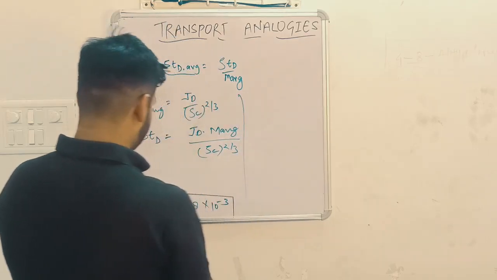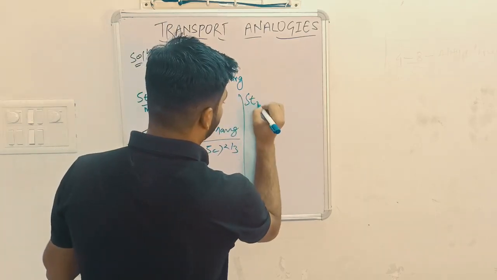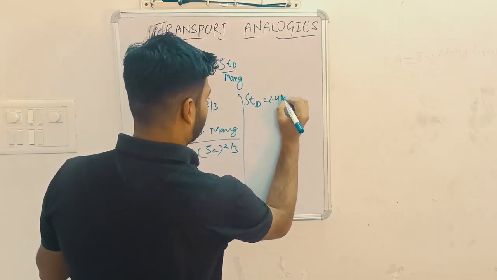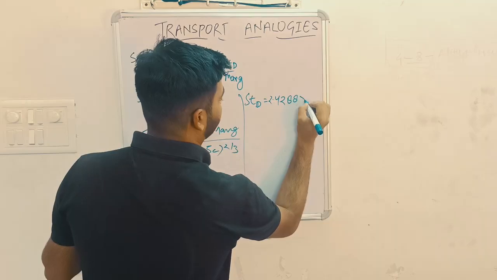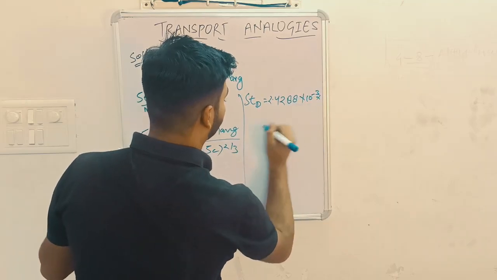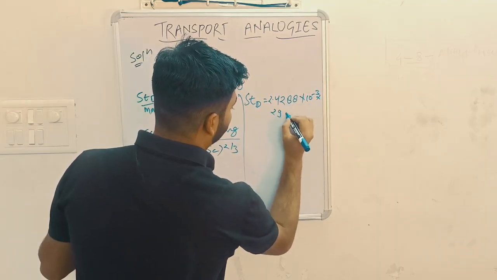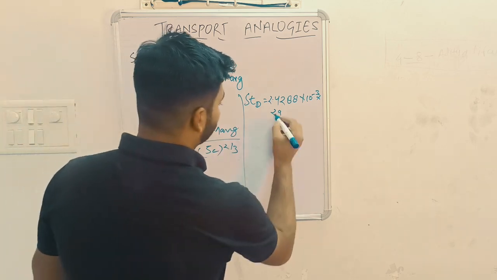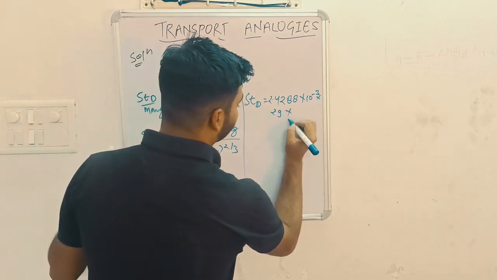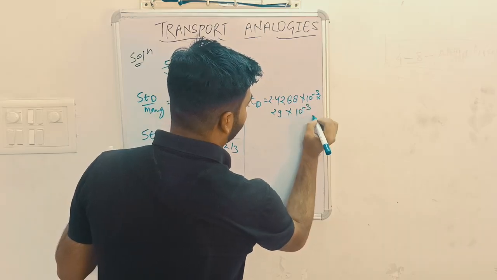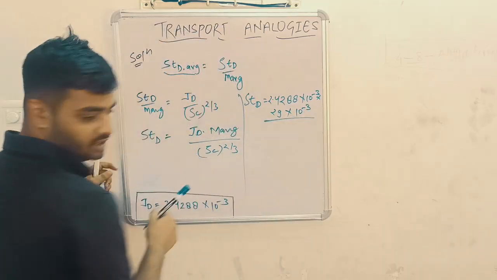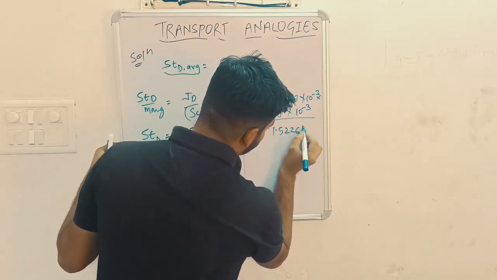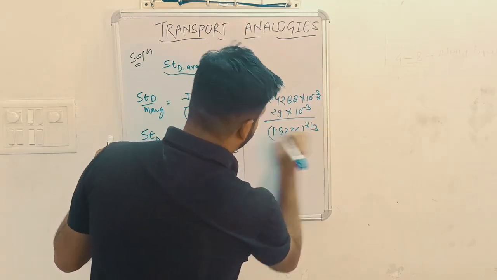Substituting all the values, we get Stanton number will be 2.4288 into 10 power minus 3 into 29. Since this is gram per mole and we require standard units, converting it into kg we will get 29 into 10 power minus 3 kg per mole, divided by Schmidt number 1.5226 power 2 by 3.